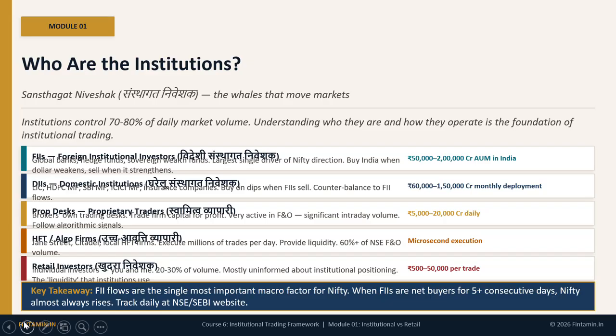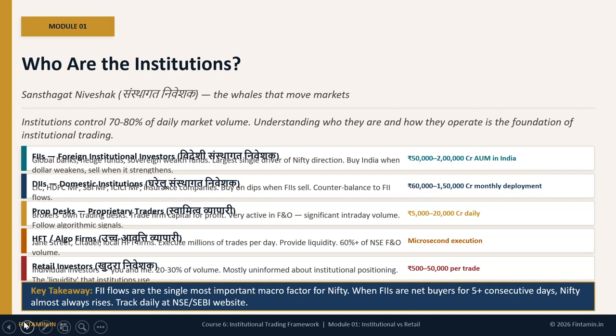Track the data daily. Number 2 is DIIs, which means Domestic Institutional Investors. LIC, HDFC Mutual Funds, SBI Mutual Fund, insurance companies, etc. They act as a counterbalance to FII flows, buying aggressively when FIIs sell.